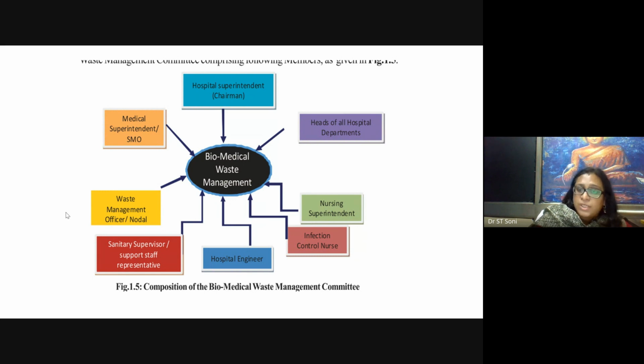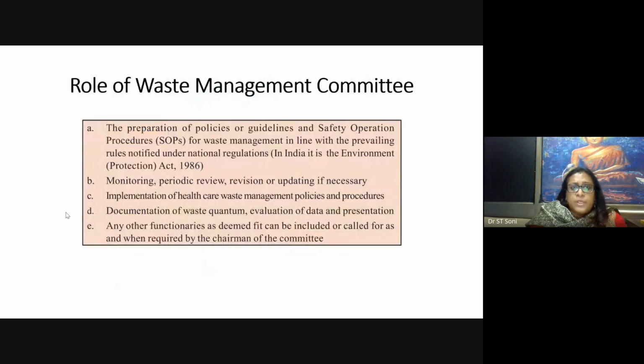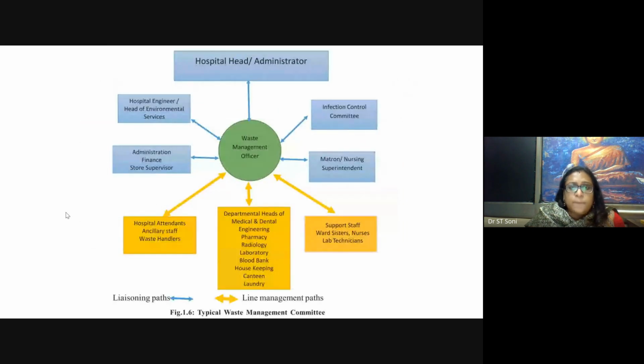And he or she has to be supervised by the infection control nurse and nursing superintendent, and they all will be reporting to the hospital superintendent. So they will do a very important documentation of the waste quantum, evaluation of the data, and the presentation and submission of it. Okay.